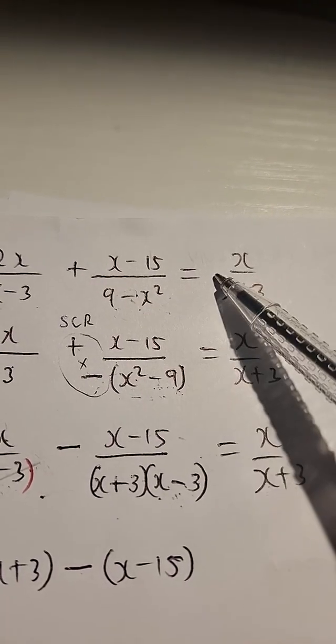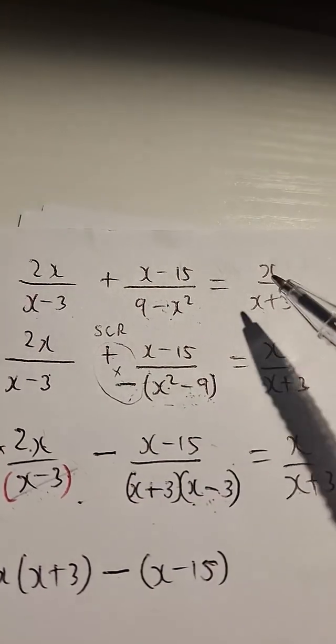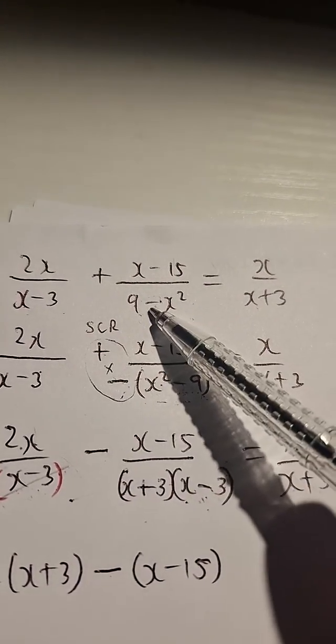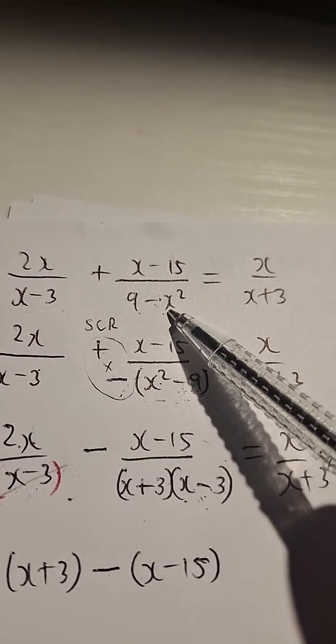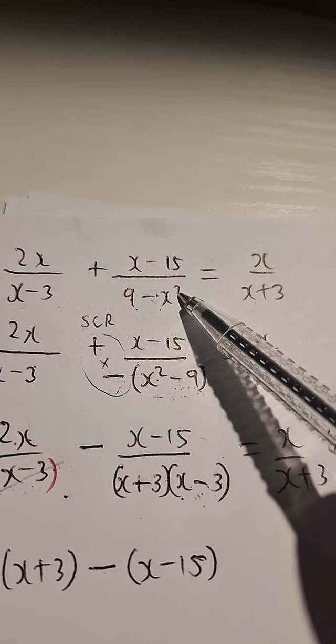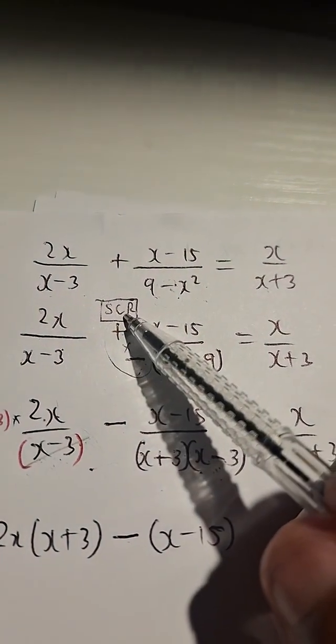9 minus x squared, on the other hand, needs to be first. We need to change the order of the terms because the constant is first and the x squared term is last, and it's just not working. So what we do is we apply a procedure that we call the sign change rule. Why?